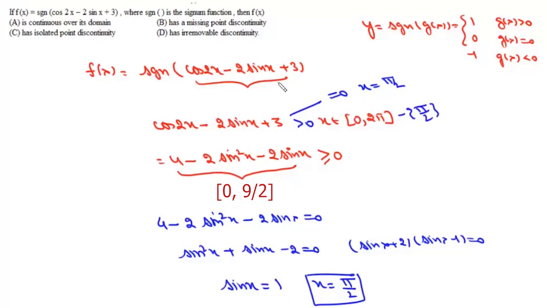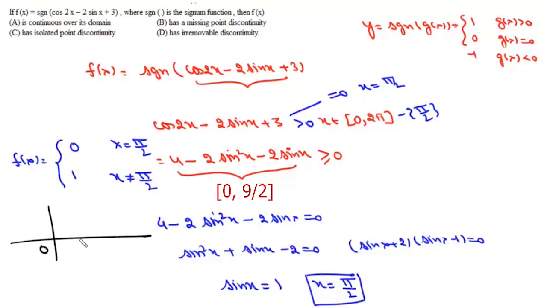Now we'll talk about this signum function. So this function f(x) will be 0 at x equals pi by 2, and it will be 1 when x is not equal to pi by 2. Now if we draw graph of this function f(x), this is 0 and then pi by 2, and this is 2 pi.